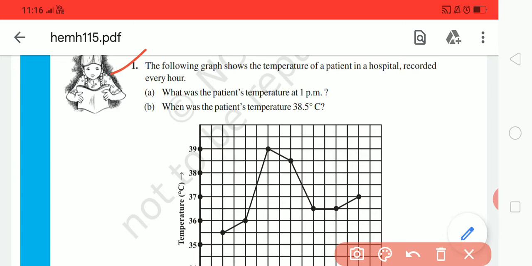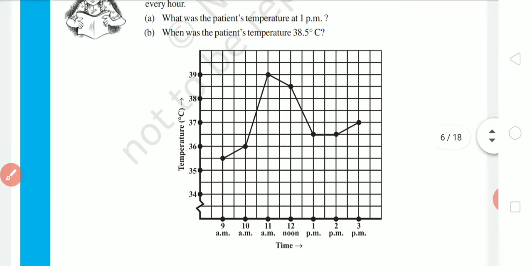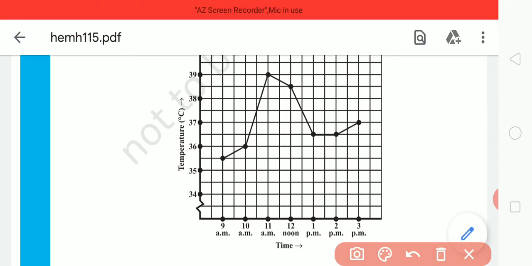The following graph shows the temperature of the patient in a hospital as recorded every hour. First, what is the patient's temperature at 1 o'clock, and what is the timing at 38.5 degrees Celsius? So let us see what is the temperature at 1 o'clock. This is 1 o'clock and this is the temperature at 1 o'clock. So you can see there is a difference of 1 everywhere, 34, 35.